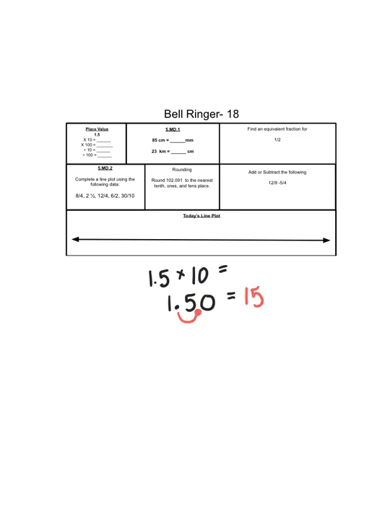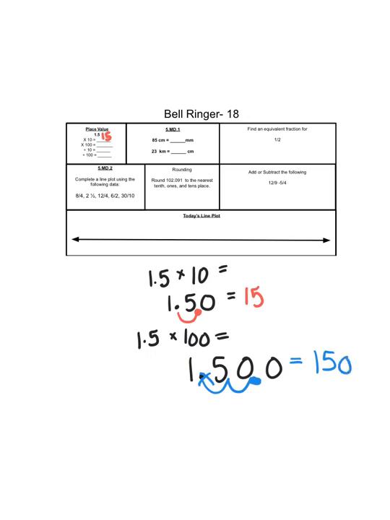So 1 5/10 times 10 equals 15. Next, I'm going to multiply 1 5/10 times 100. So let me rewrite my number with some zeros as a placeholder. Let's move our decimal point over 2 spots, and now we have 150.